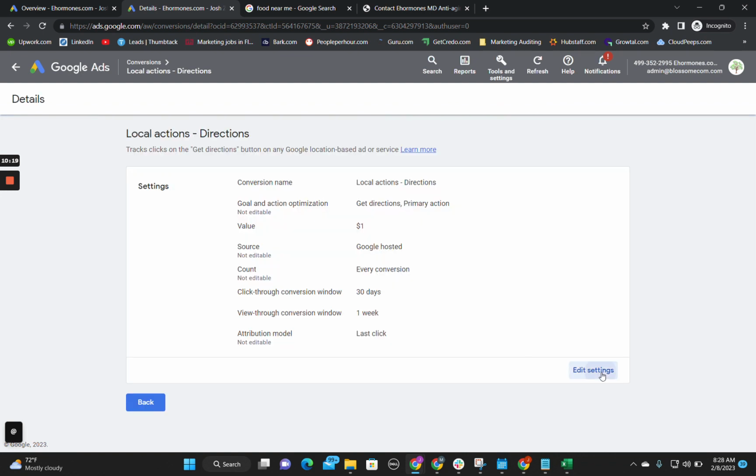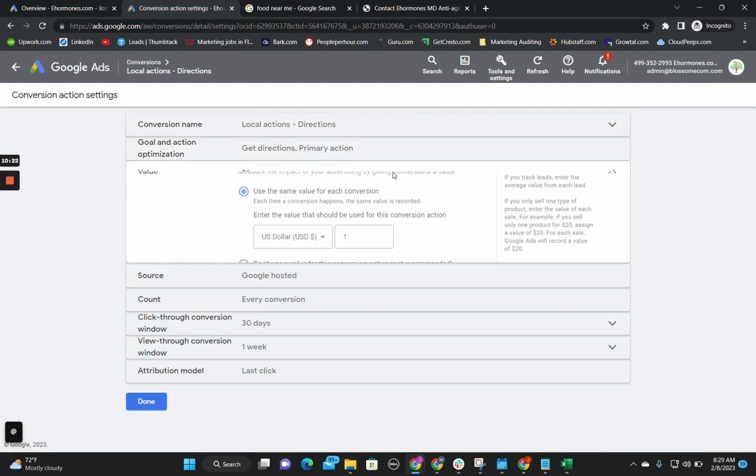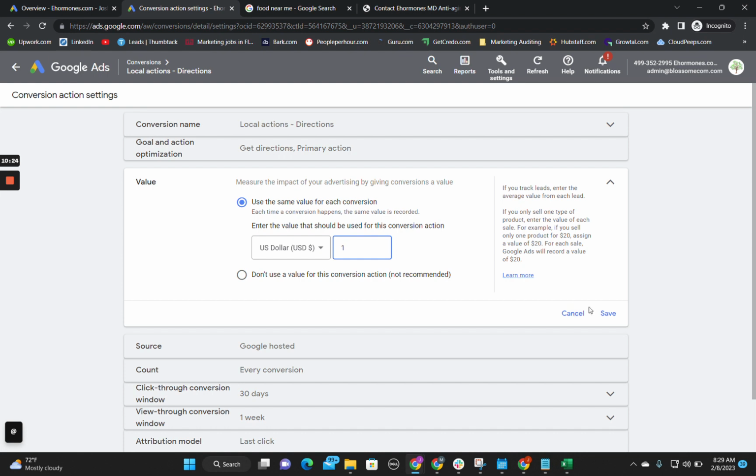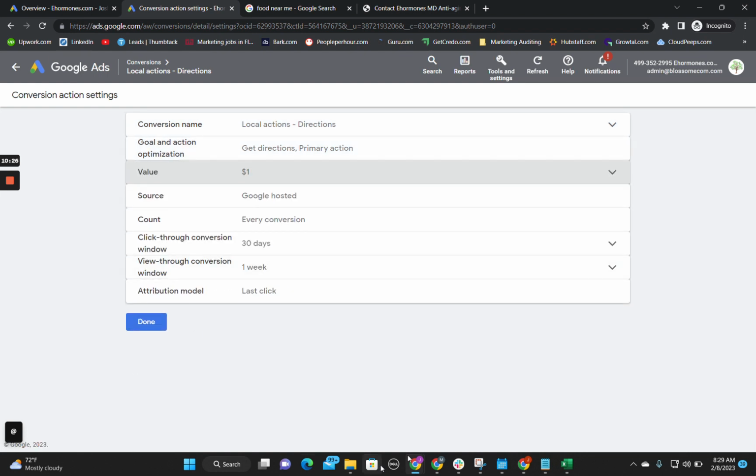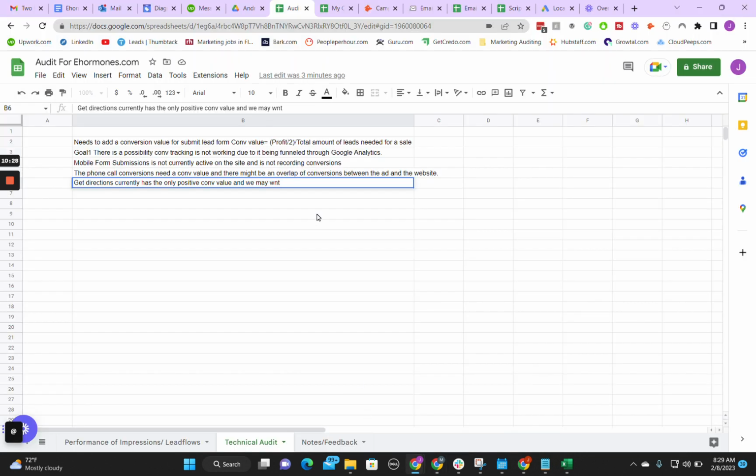This recommendation, edit settings. Yep, so I can change this to 0, but I'm not going to, because we're going to need approval on that first. So get directions currently has the only positive conversion value. We may want to assign a conversion value of 0 for get directions.